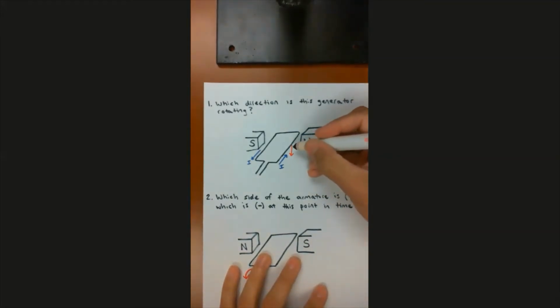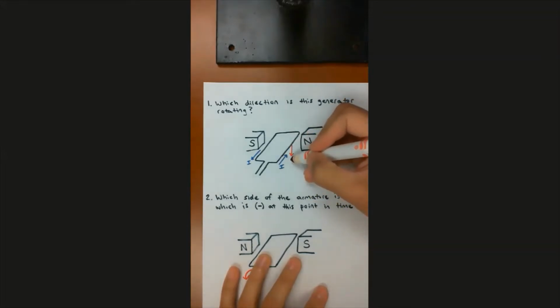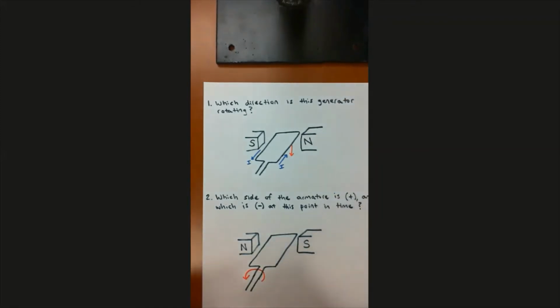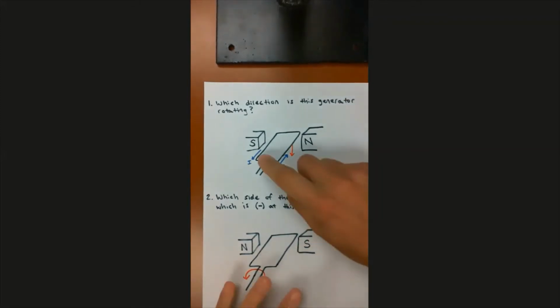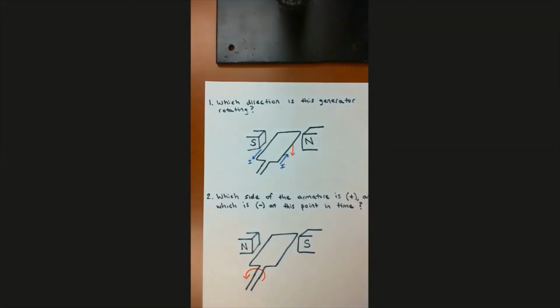So at this point in time, the right side of the armature is headed down towards the bottom of the page. Now I would anticipate that the other side of the armature is going to be doing the exact opposite, and let's go ahead and try that and see if that's true.